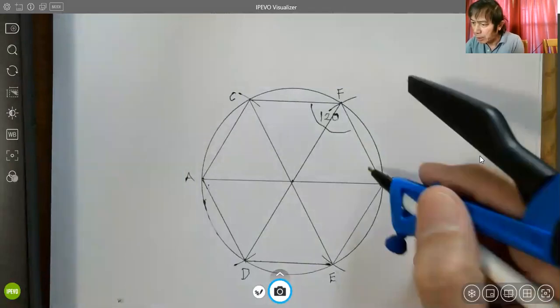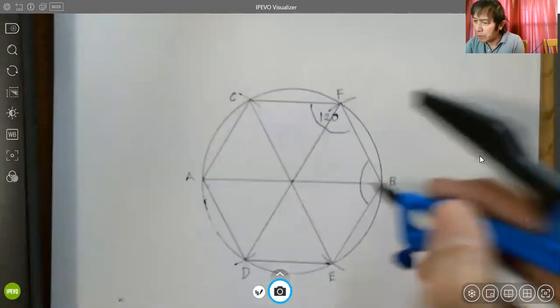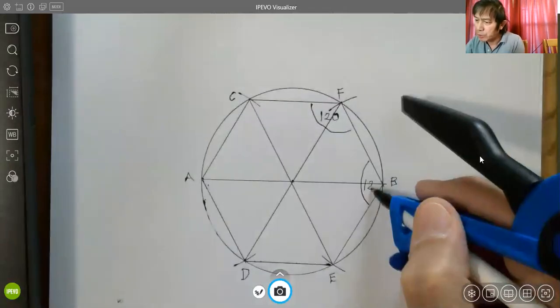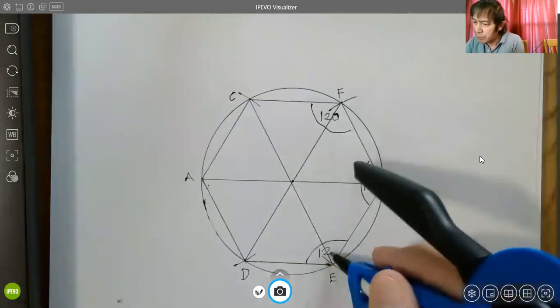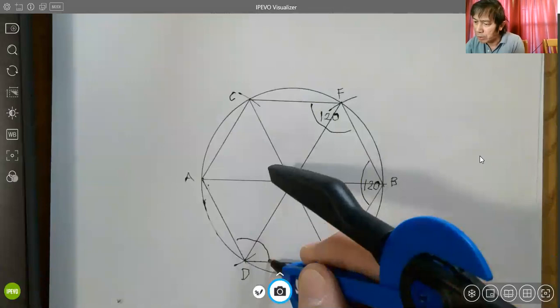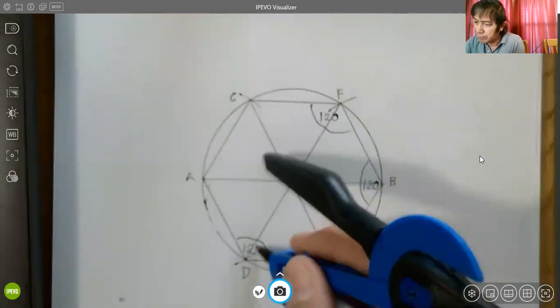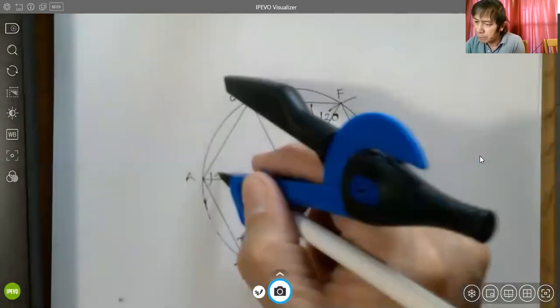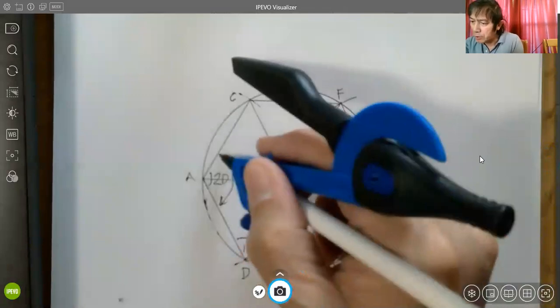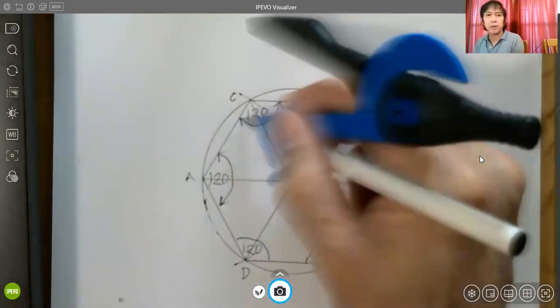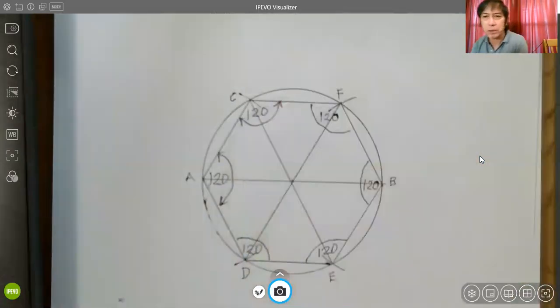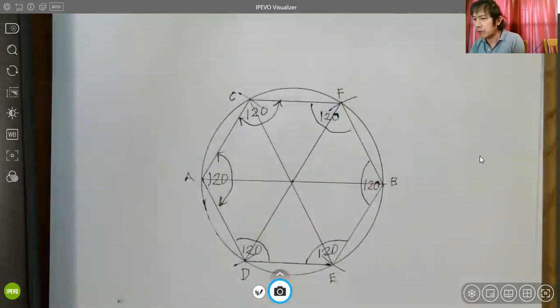And all the other angles here are 120 there. That's why it is called a regular hexagon. Each interior angle measures 120. All right, so that's it.